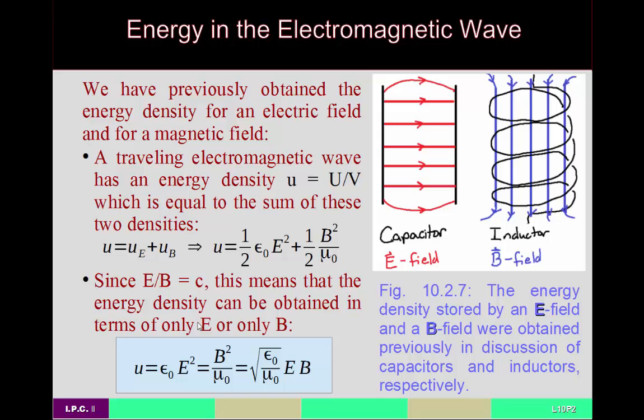So basically what that does is that you can get this energy density to be either epsilon naught E squared, or B squared over mu naught, or alternatively square root of epsilon naught over mu naught times E times B. And again, this is because recall that we found that the speed at which these propagate goes like 1 over the square root of epsilon naught times mu naught. So that's where these substitutions are coming in.